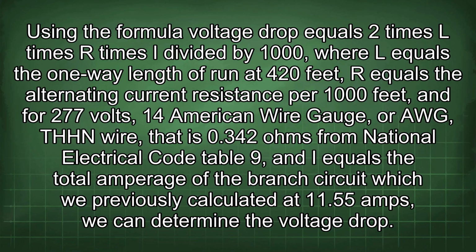Using the formula, voltage drop equals 2 times L times R times I divided by 1000, where L equals the one-way length of run at 420 feet, R equals the alternating current resistance per 1000 feet, and for 277 volts, 14 American wire gauge, or AWG, THHN wire, that is 0.342 ohms from National Electrical Code Table 9, and I equals the total amperage of the branch circuit, which we previously calculated at 11.55 amps, we can determine the voltage drop.